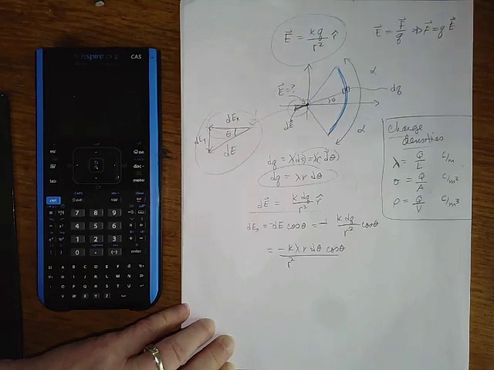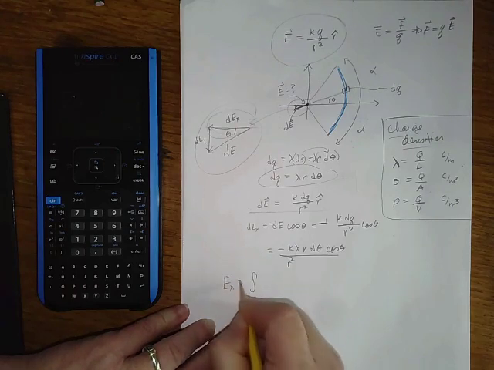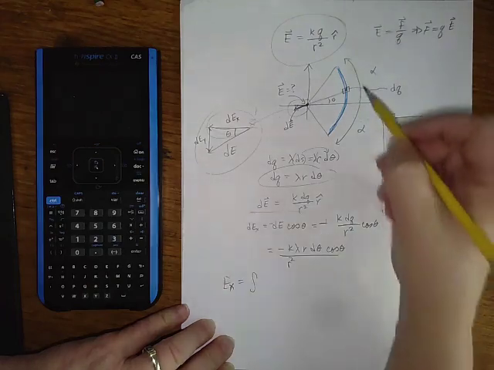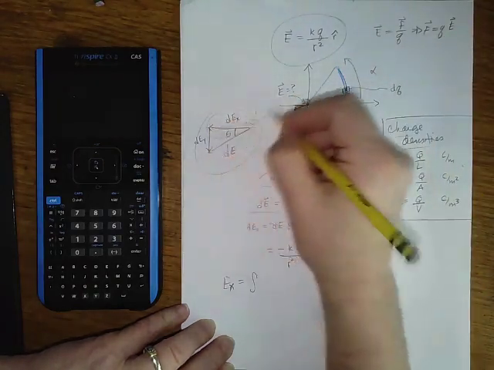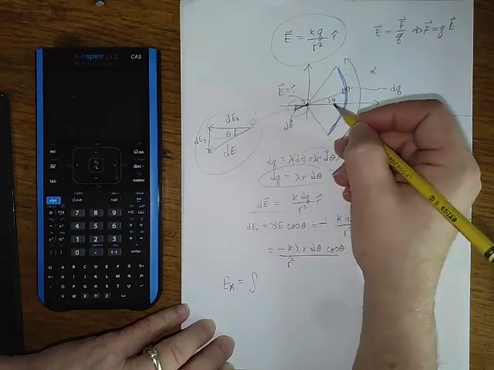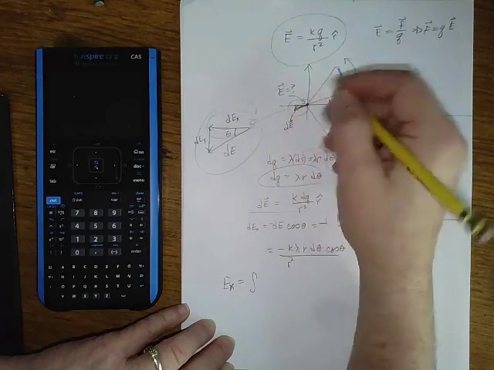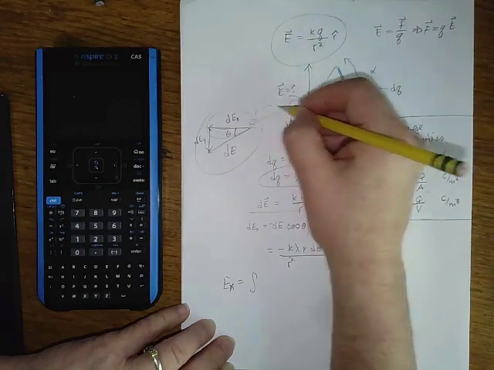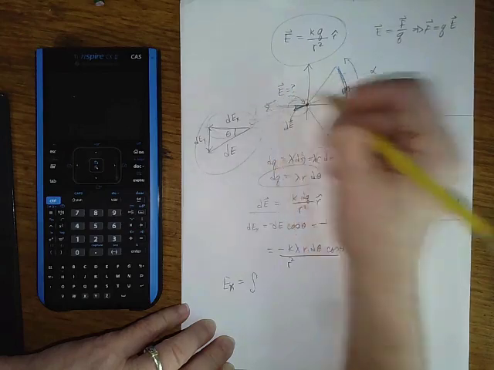Looks good. All right, so now if we want Ex, all of Ex, we're going to take the x component for the whole E vector. If we had the whole E vector somehow in here, which way is it going to go? If we're symmetric about here, we would expect the whole thing to go this way.